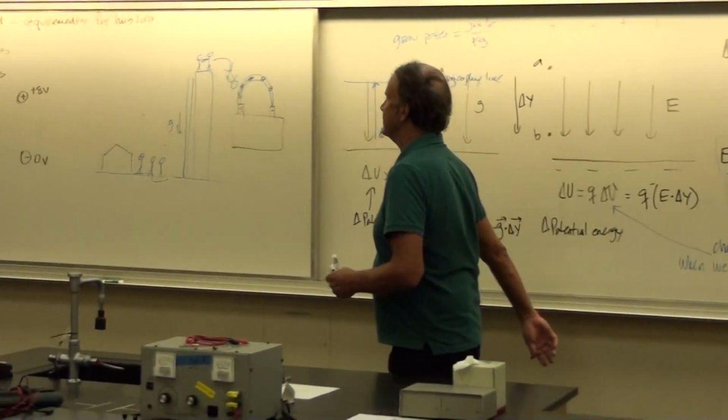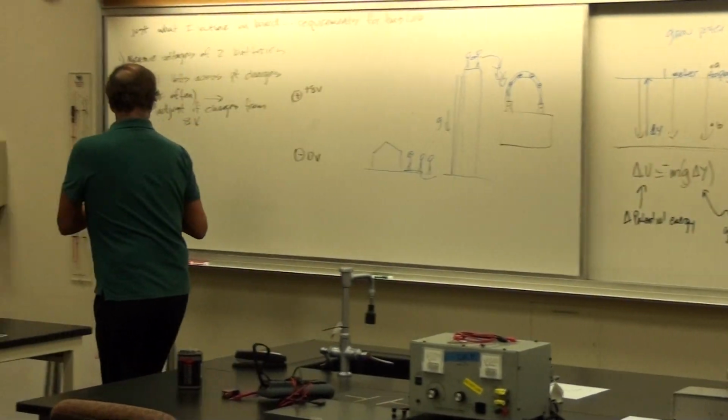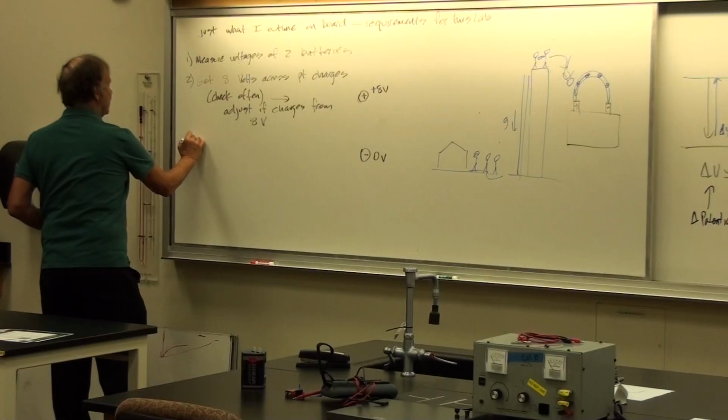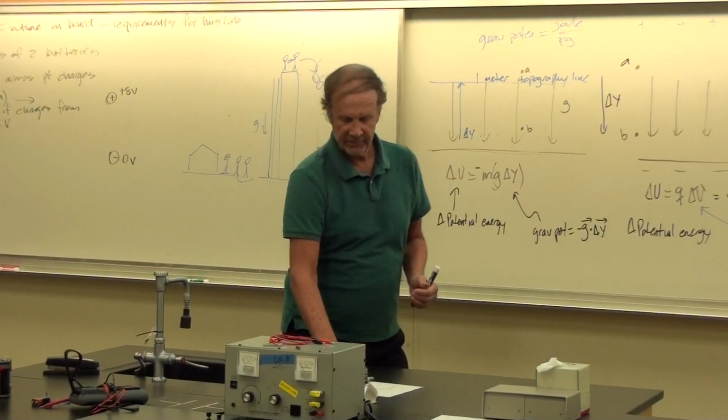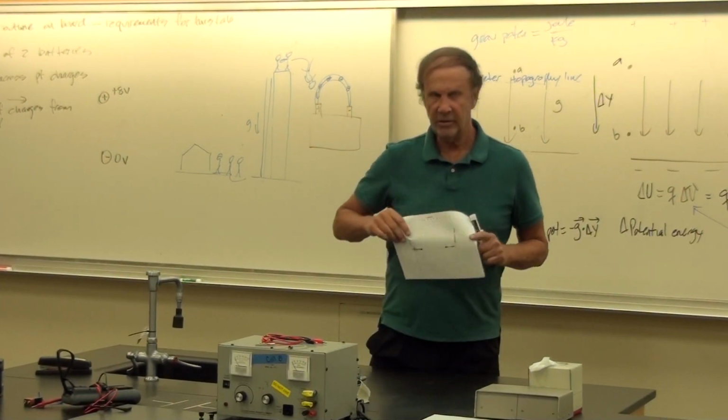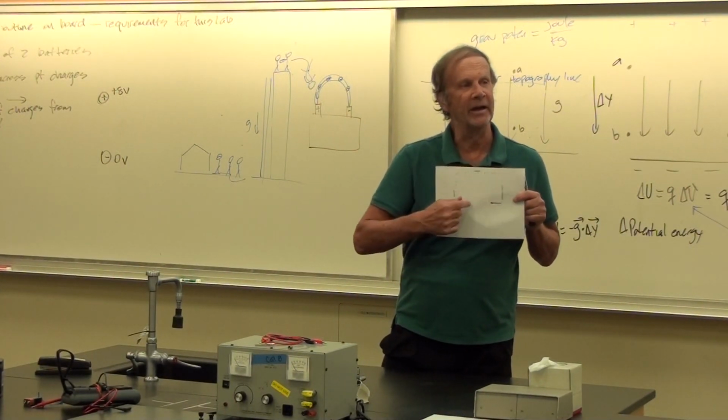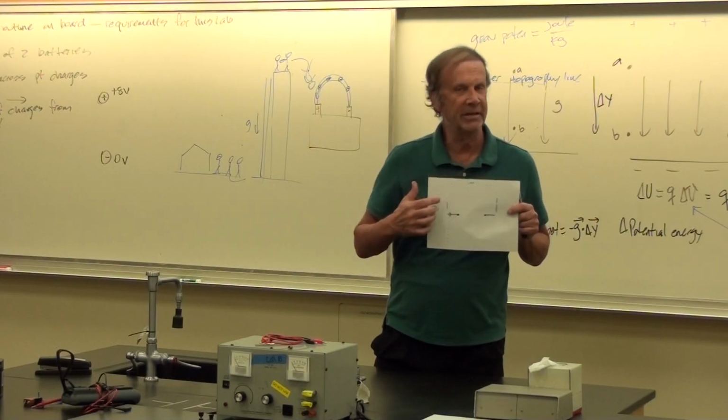Then, next, and there are different ways of doing this part. In the past, we have had the class calculate the voltage at every point on this grid, and then draw equipotential lines from that.